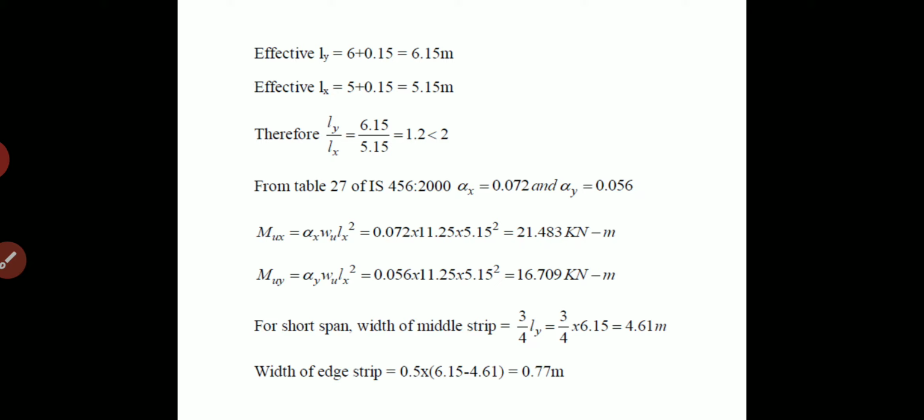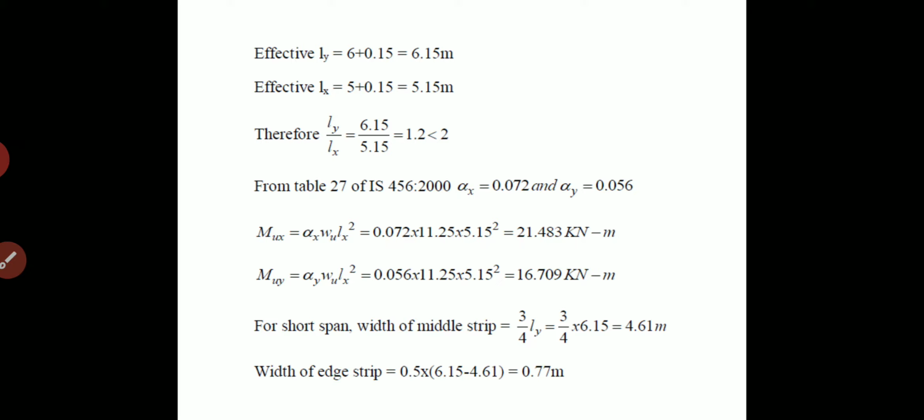So here we take Ly upon Lx ratio, which decides which type of slab, one-way slab or two-way slab, as we discussed in previous videos. One-way slab and two-way slab are decided by Ly by Lx ratio, which is longer span upon shorter span ratio. So here our longer span is 6.15 and shorter span is 5.15.